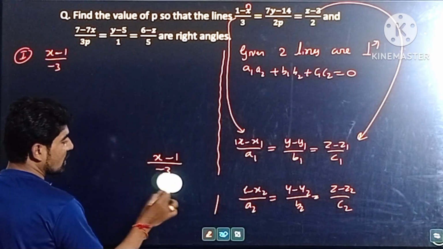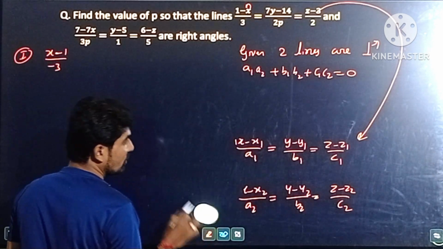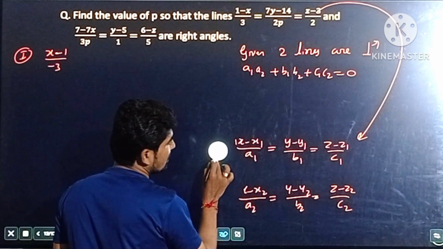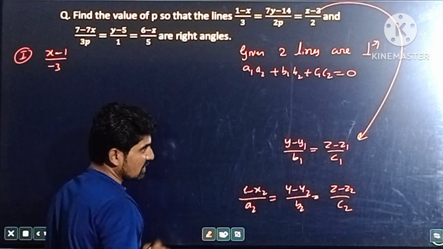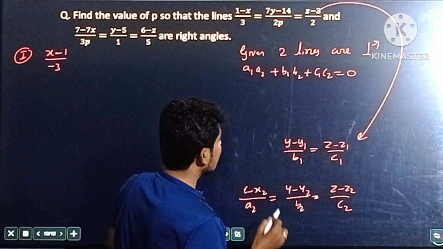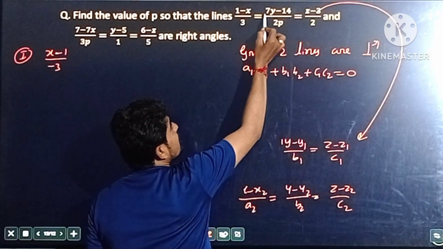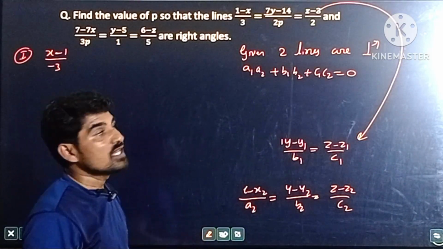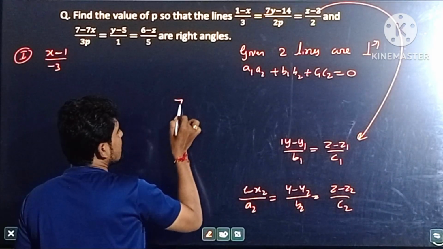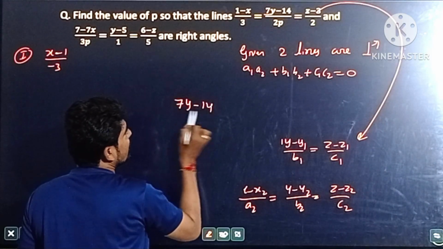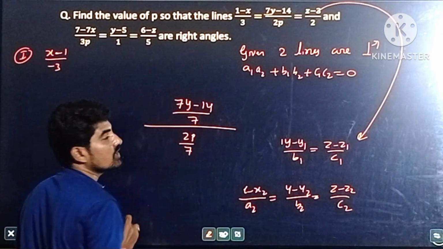Similarly, we have to convert the second term into the standard form. Here the coefficient of y is 1 in the standard form, but here the coefficient of y is 7. So we divide both numerator and denominator by 7. 7y minus 14 divided by 7, all divided by 2p divided by 7.